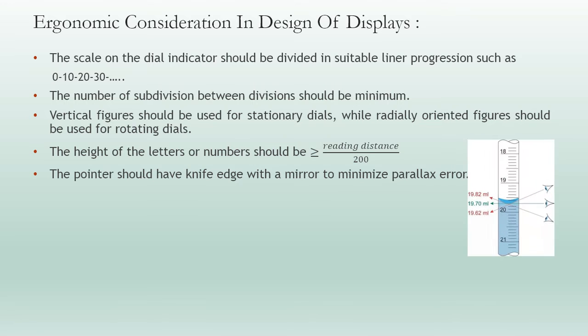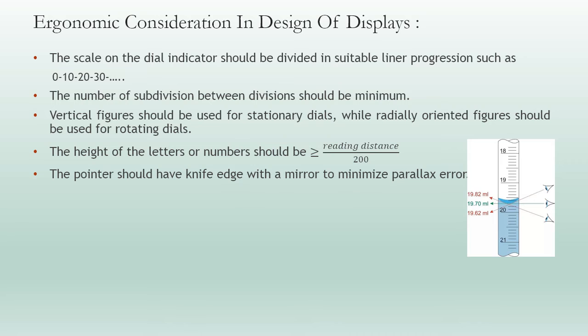You know about parallax error. Consider you are seeing this water level from your eye level, so you will get 19.70 ml. But if you see it from some height below your eye level, you will get 19.82 ml, which is more than the actual measurement.